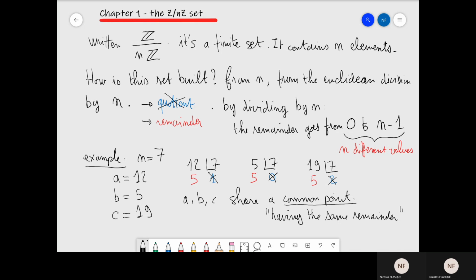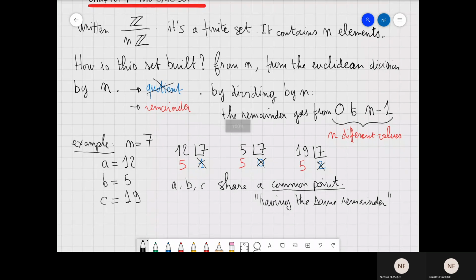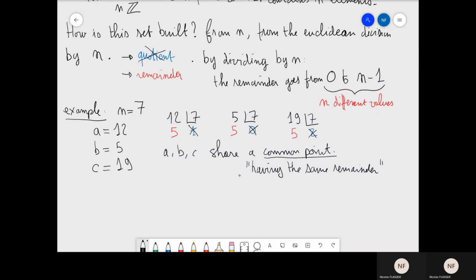And having the same remainder, so if we go back to some mathematical knowledge from your L1 study, having the same remainder here for n equal to 7 is an equivalence relationship.